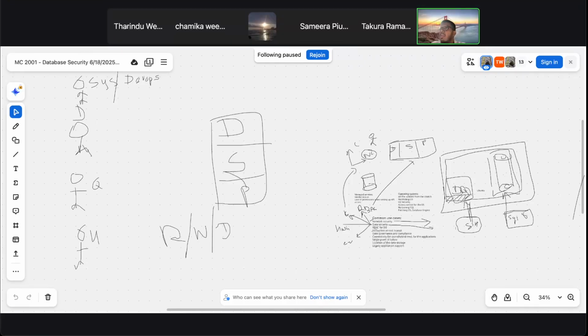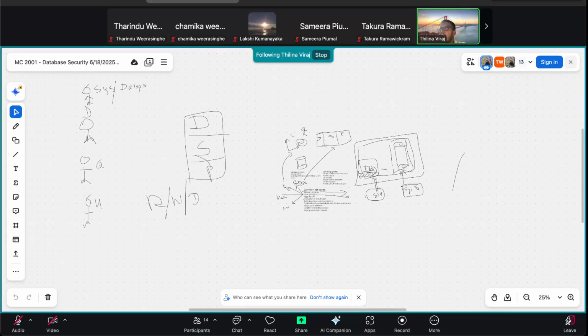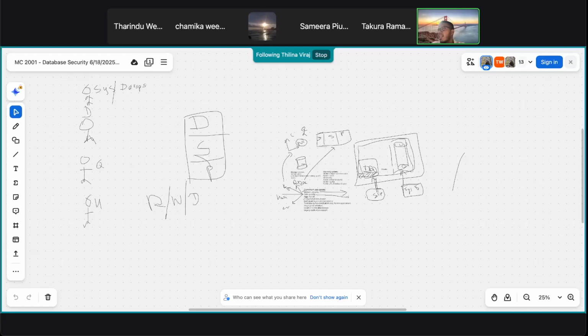You have to tell me which user is having which access for which database. Just think of the model environment we all have, as on the UCSC side, and let me know the answer for that.